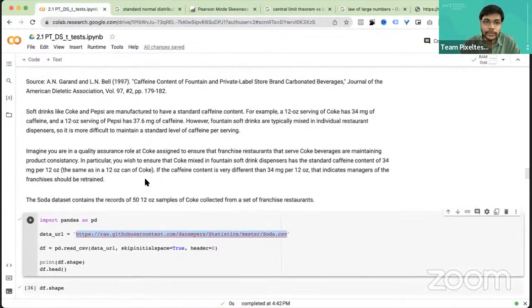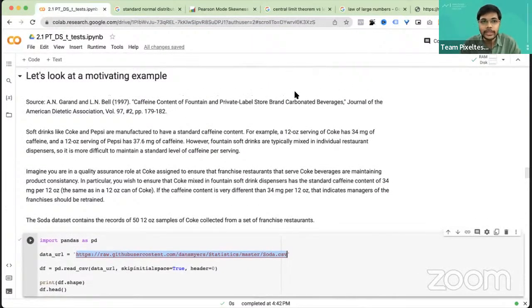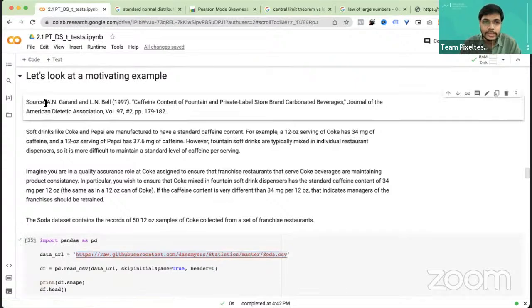Now, what is our hypothesis about it? What is the whole population? We'll try to understand. The source is Garand and Bell, who looked at the caffeine content of fountain drinks. In the US, sometimes you get the drink in a tin, but in many places it is from an open fountain, where you have a tap and get the Coke directly from the fountain.